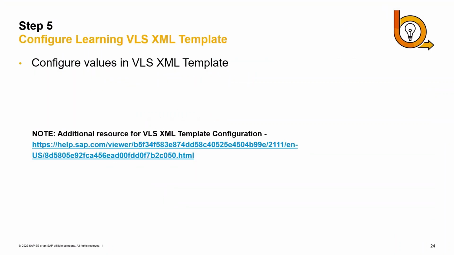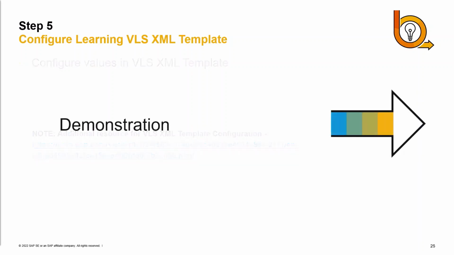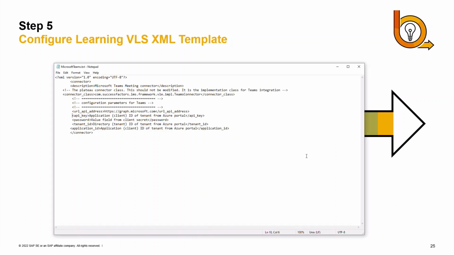Step 5 is to configure the VLS XML template using the account data from step 3. Go ahead and find and open the downloaded XML template and update the information from the Microsoft Teams account. This is what the XML template looks like, and you will go ahead and update the API key.